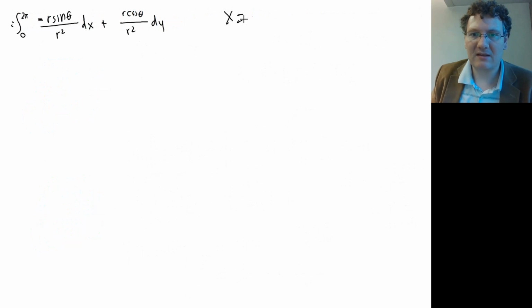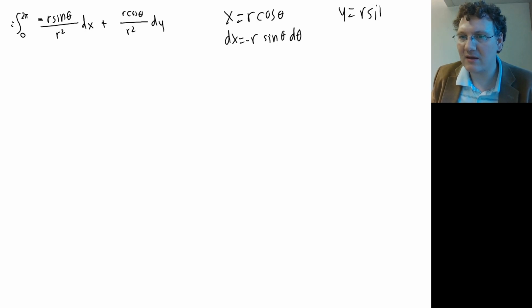Remember, x is r cos theta, so dx is negative r sine theta d theta. y is r sine theta, so dy is r cos theta d theta.